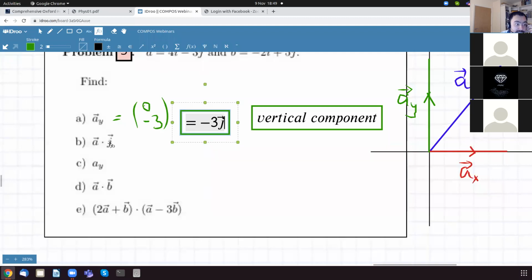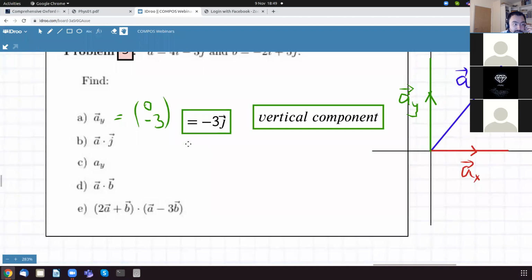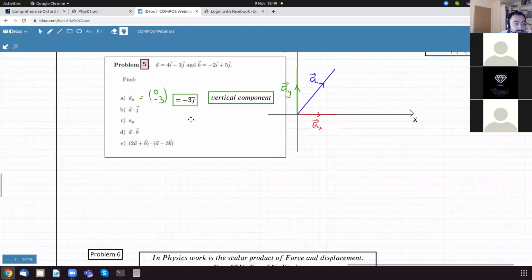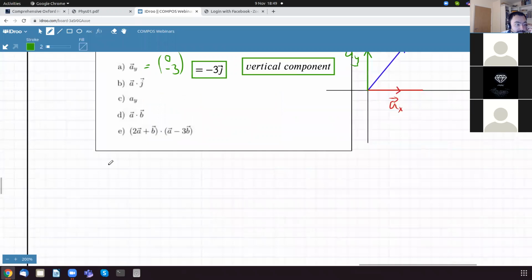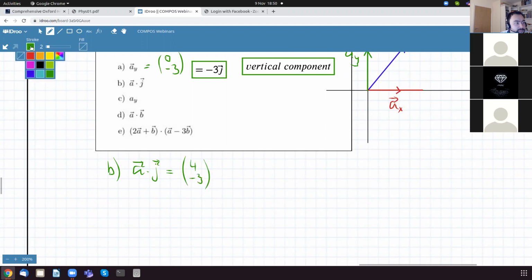Now, if you do A dot product j, I'm just going to write it down here. A dot j is (4, minus 3) dot j, and j is (0, 1).